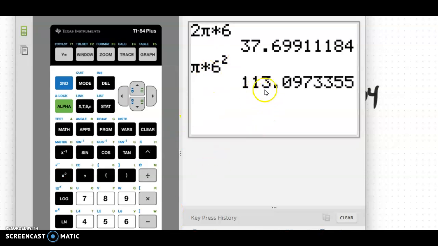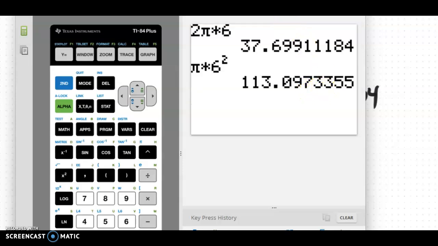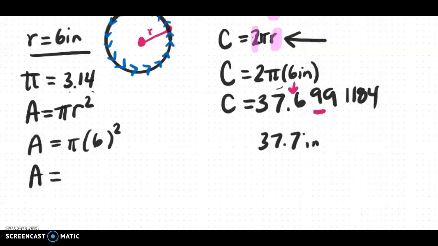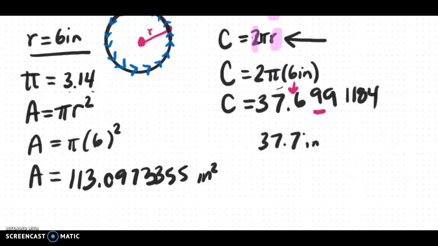When I hit enter, I get 113.097 and so on. And so let's write that on my paper. The units here will be square inches because the 6 was squared and that squared my units of inches.